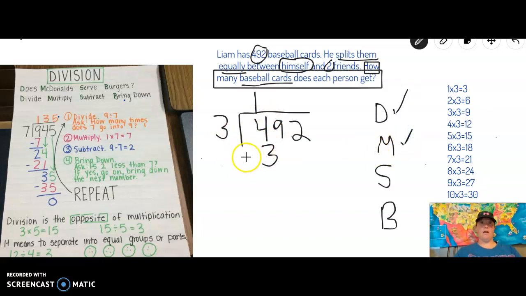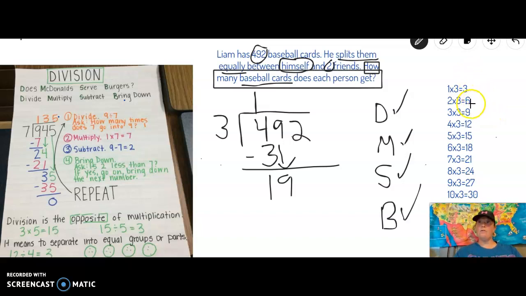Now we need to subtract. 4 minus 3, we get 1. And bring down 9. 19. Okay, let's start the process over. We did our 4 steps. We're going to repeat. Ask yourself, how many times does 3 go into 19? It's not even, but we're close.